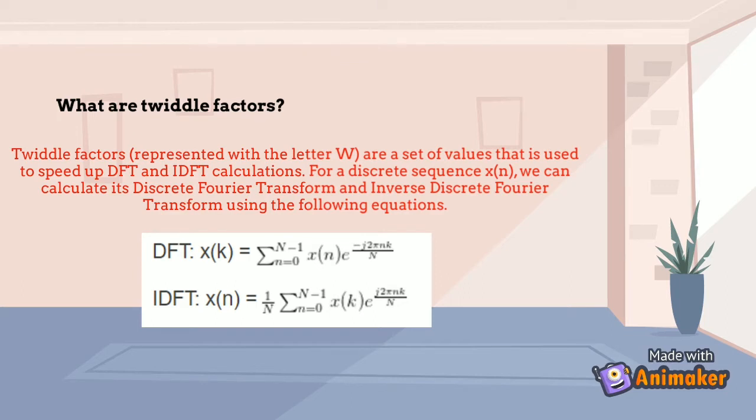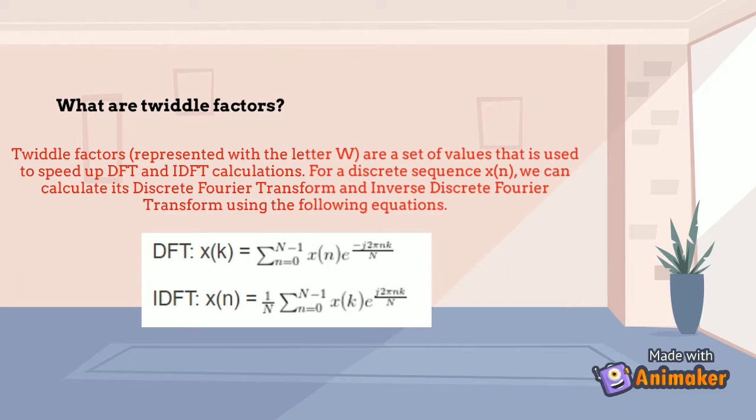The discrete Fourier transform equation is X of k is equal to summation n is equal to 0 to capital N minus 1 x of n multiplied by e to the power minus j 2 pi n k upon capital N, and the inverse discrete Fourier transform equation is x of n is equal to 1 upon capital N summation k is equal to 0 to capital N minus 1 X of k multiplied by e to the power plus j 2 pi n k upon capital N.